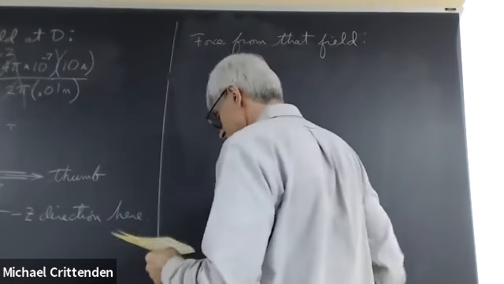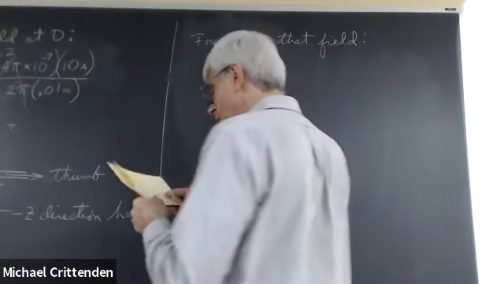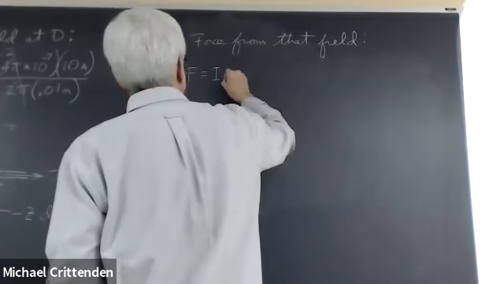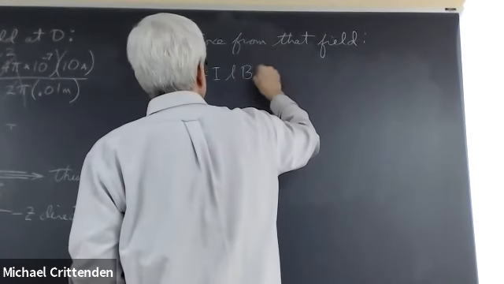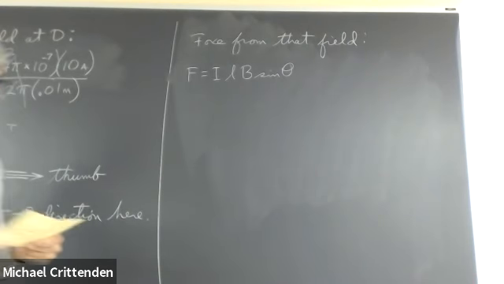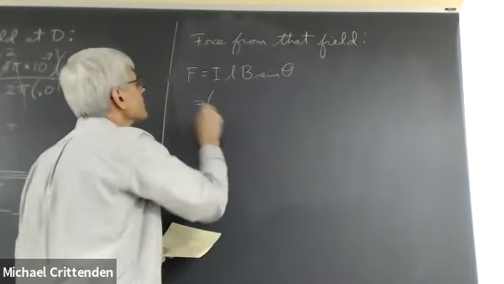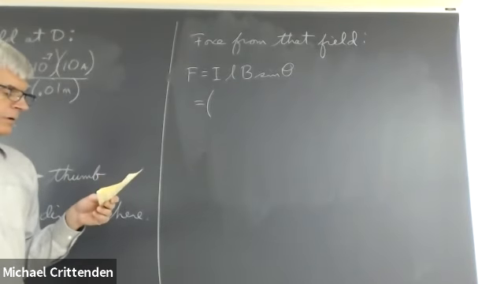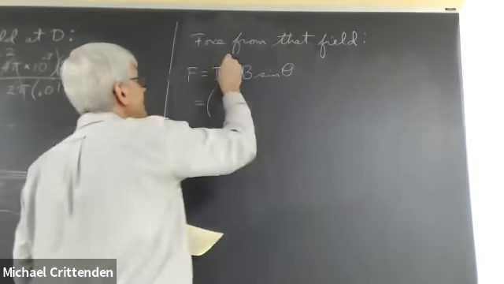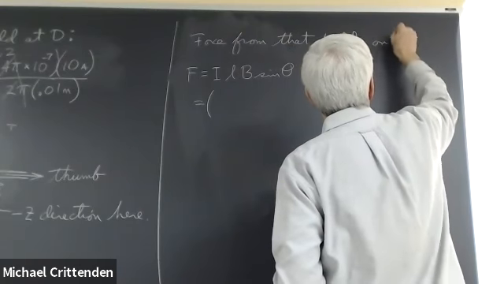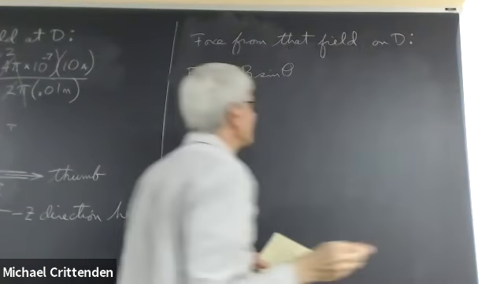But I'm supposed to be doing number 5, the force on a wire is that. So now this is the force, probably should have written that down. The force from that field, force acting on wire D.